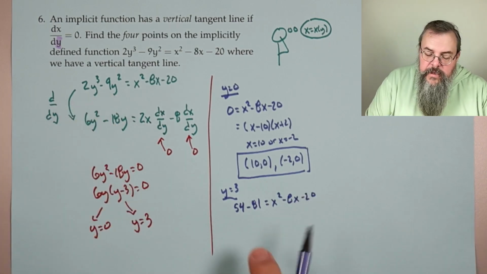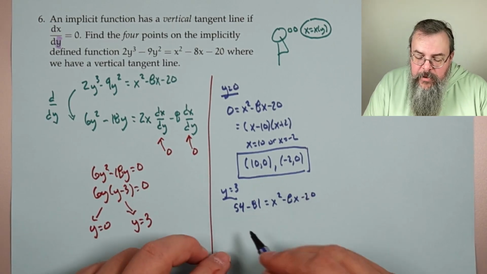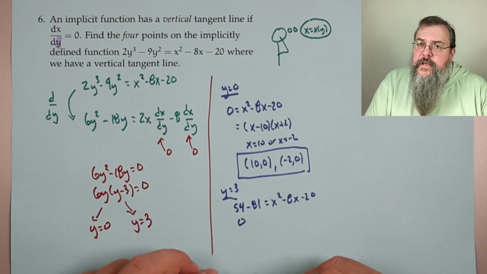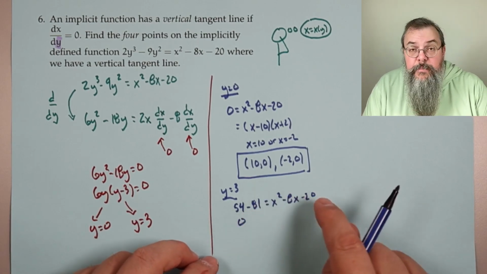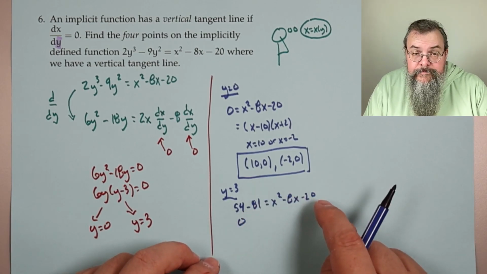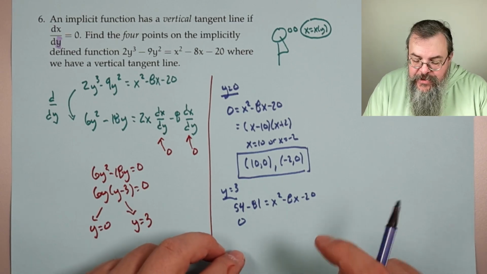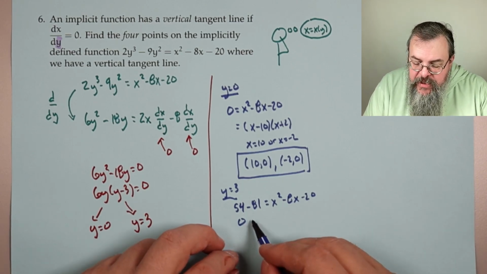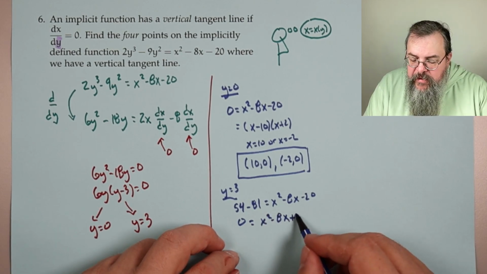Let's move these across. Now, 54 minus 81 is negative 27, so when you move it across, it'll be a plus 27. Negative 20 plus 27 would give us a plus 7.